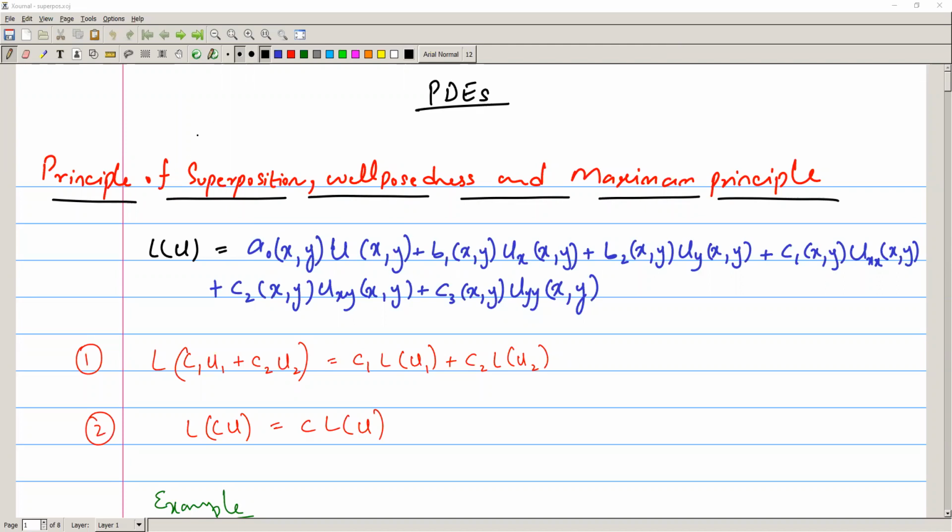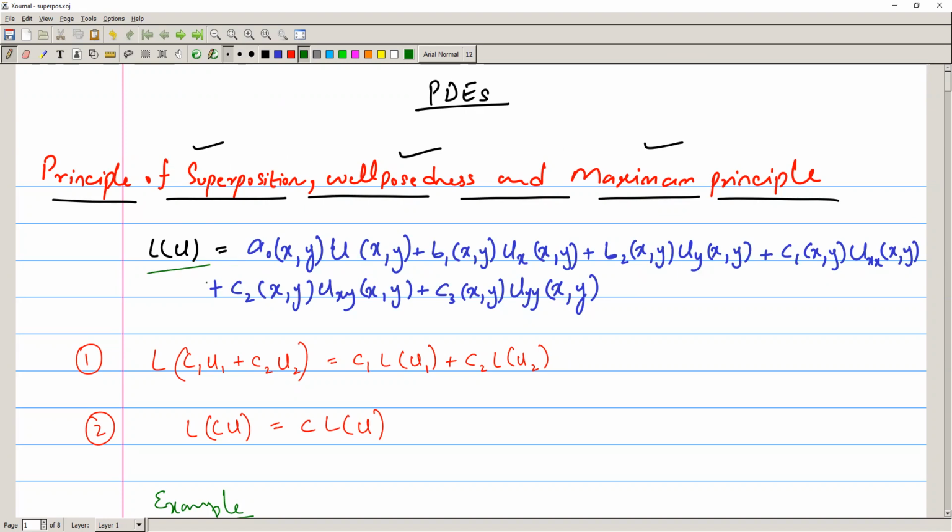So in today's class, we are going to discuss the principle of superposition, well-posedness, and maximum principle. So here is the idea for a linear partial differential equation of order 2 having two independent variables x and y.